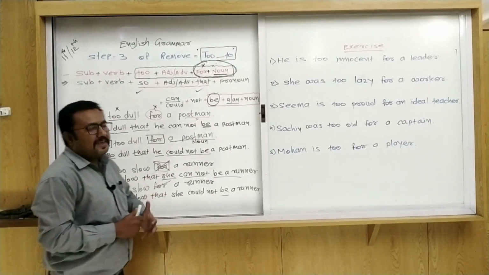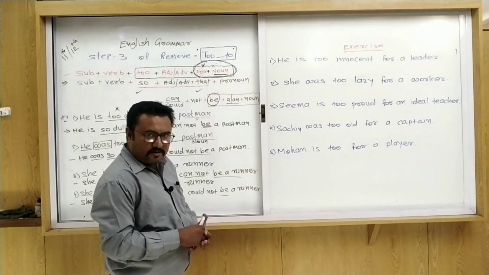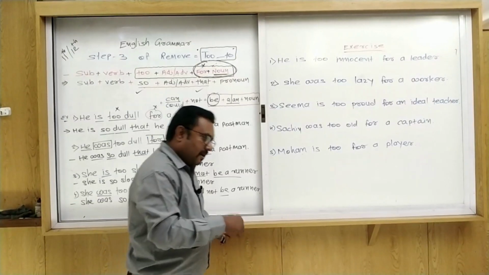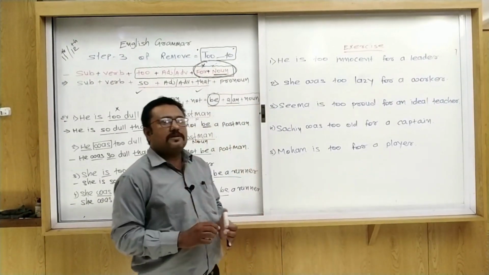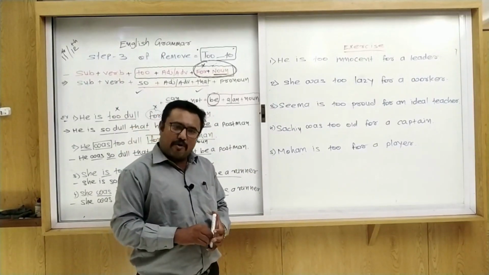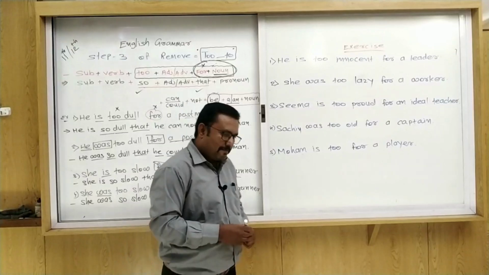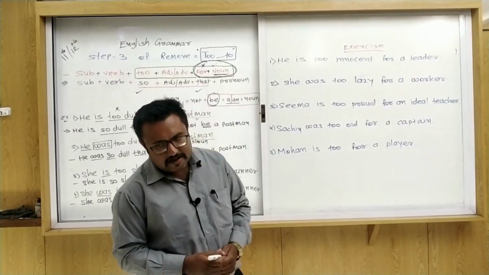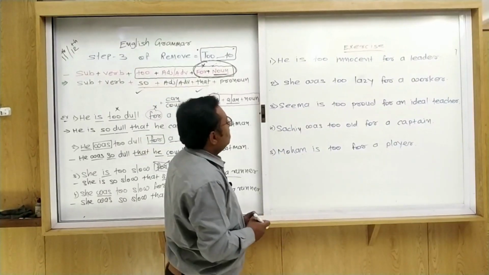Here we go, exercise. There are 5 sentences, so we can learn again. After that, I will give you some exercises in the description box, and you can write the answers. And suppose at that time you have a complaint, then you can contact me and try to solve it. Okay.